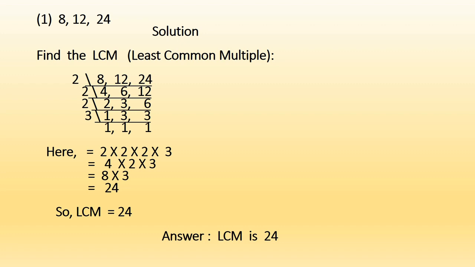Here after getting all the factors, we multiply them, because in the conjugate method all factors are multiplied. By multiplying all the factors, we get the answer 24. Here 24 is our least common multiple. That means 24 is the lowest common multiple of 8, 12, 24. So our answer will be 24.